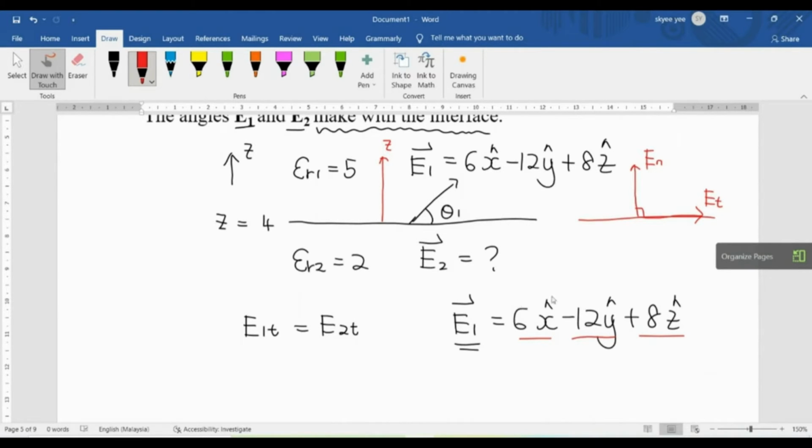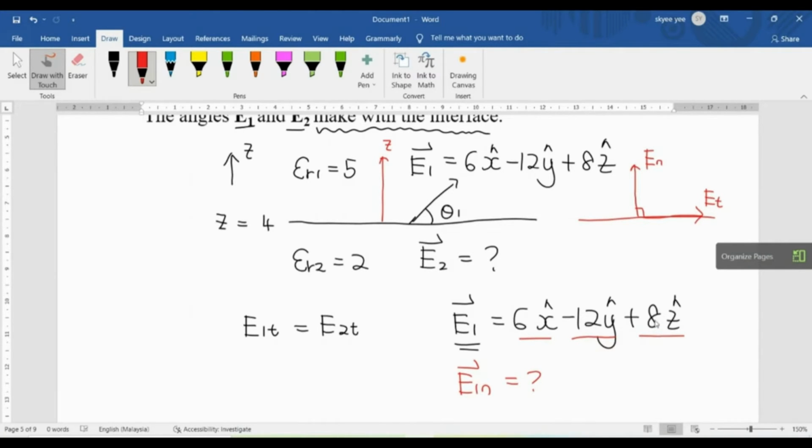So which one is the normal component? Anyone? Based on my explanation, which one is the normal component? Can you guess?